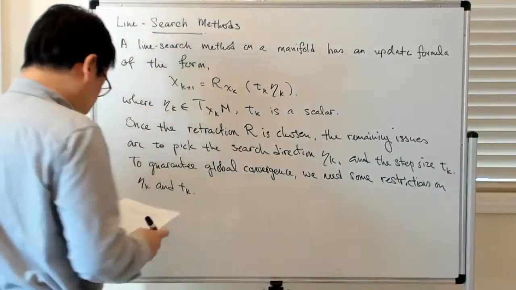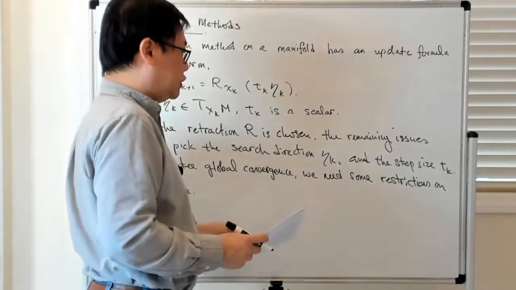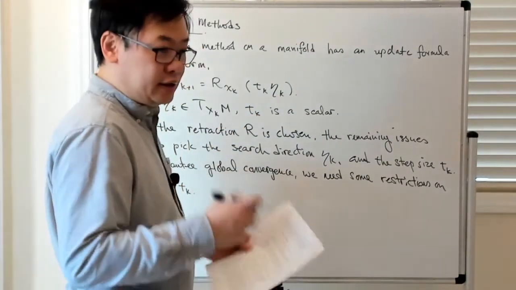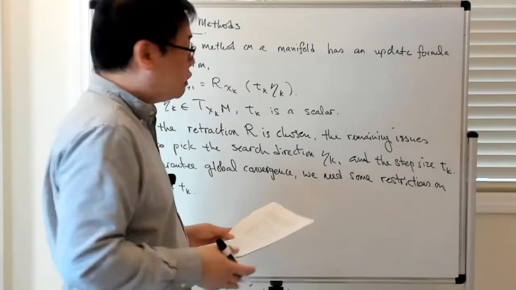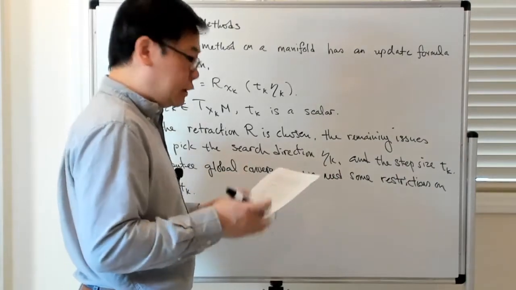The first thing is that these search directions don't exactly have to be the gradient. Sometimes it may be expensive to exactly compute the gradient, but you want it to be what is called gradient-like.